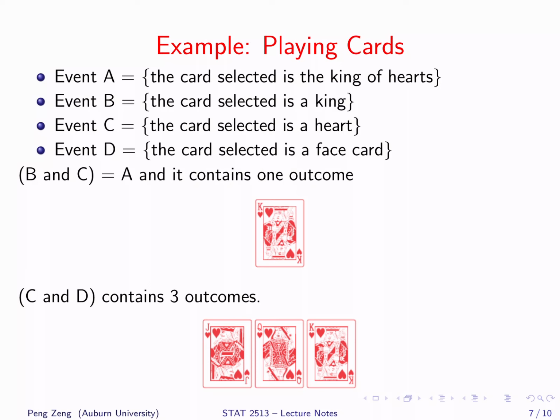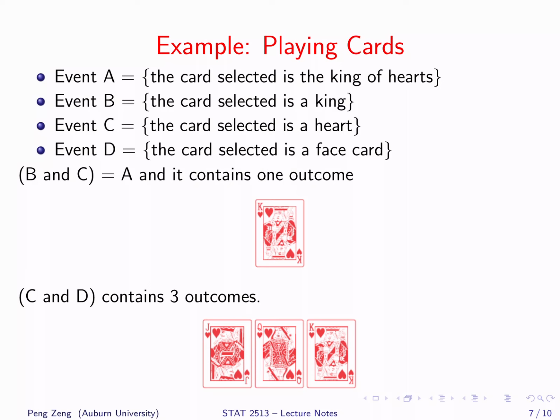We have defined events A, B, C, D before. What is the event B and C? By definition, it contains cards in both B and C. We may first check cards in event B and then pick out the cards also belonging to C. The event B has 4 cards, which are 4 kings.